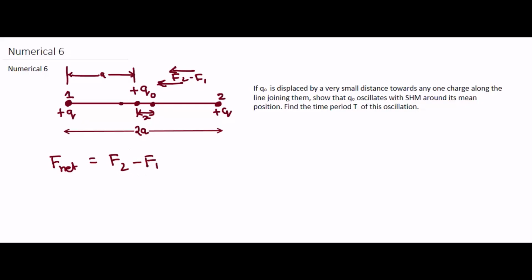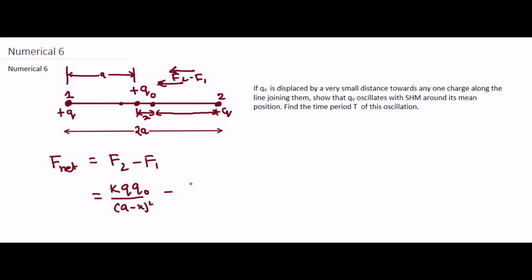So what is the magnitude of F2 minus F1? F2 will be K Q Q0 divided by the distance squared. The charges involved are Q and Q0, and we have to look at this particular distance between the charges. This distance will be how much? a minus x. Half the distance is a, and we have to subtract x from that. So F2 is K Q Q0 divided by (a minus x) whole square.